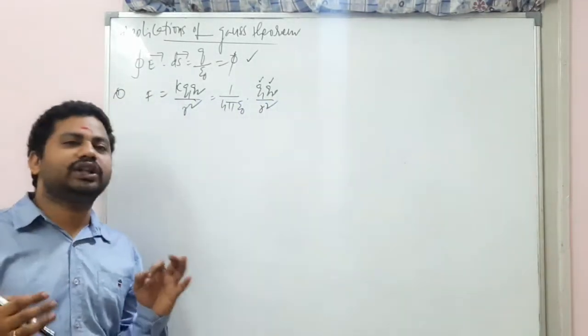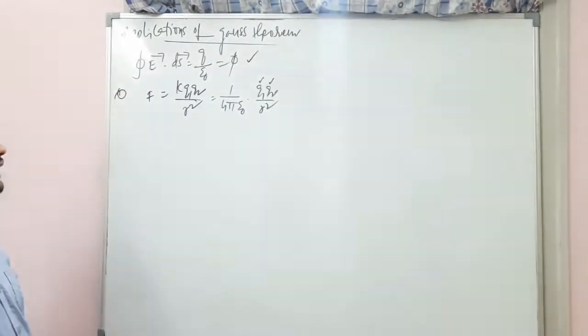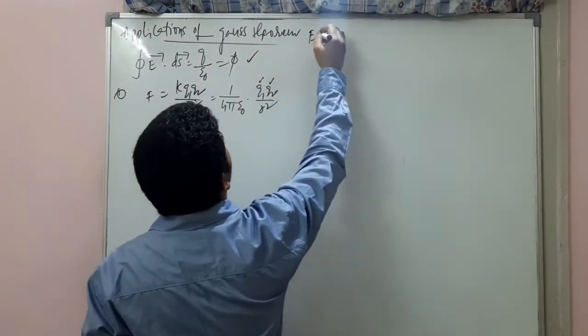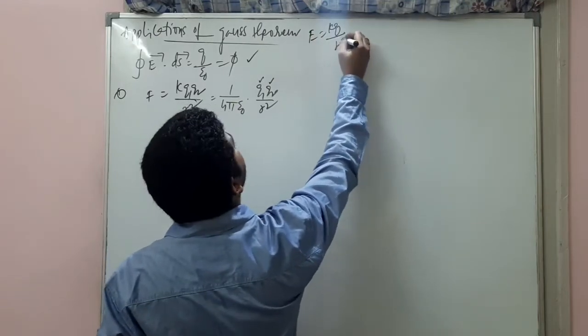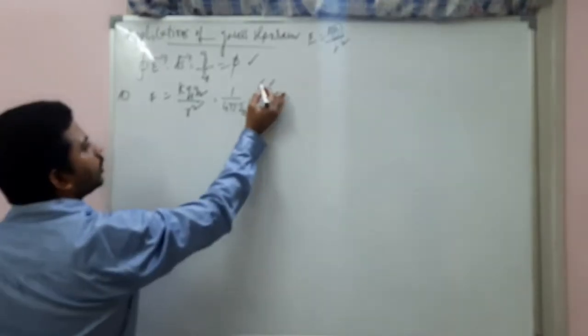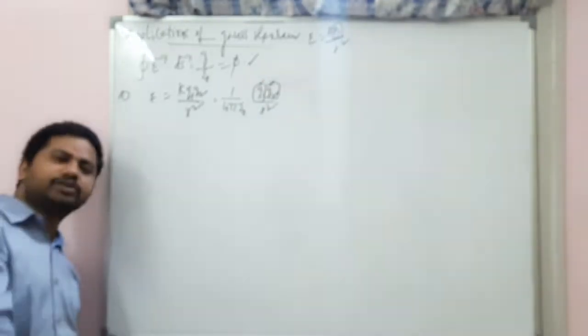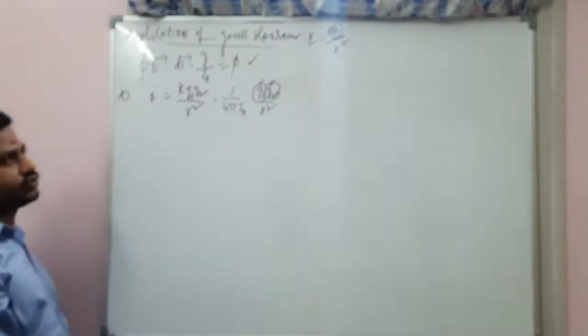Okay, clear? When you are writing an expression for electric field, kQ by r square, there also Q you should take only the magnitude, whether it is positive sign or negative sign.